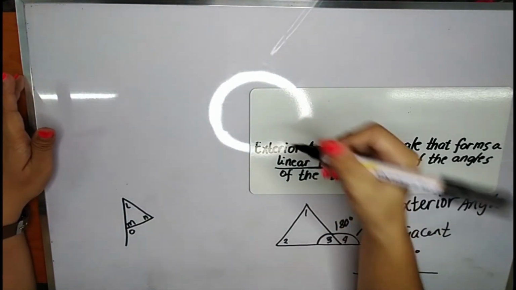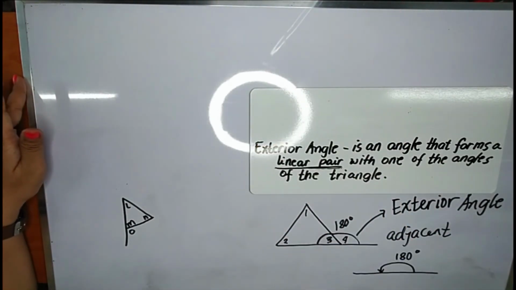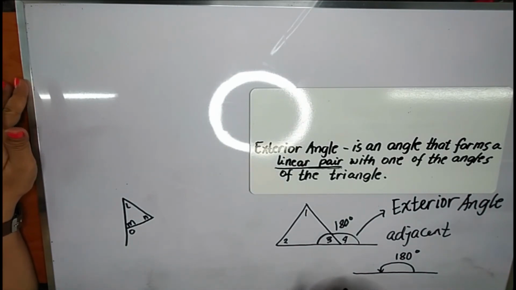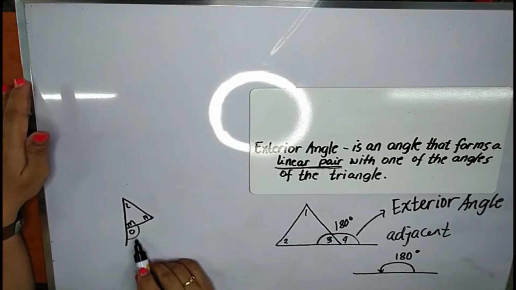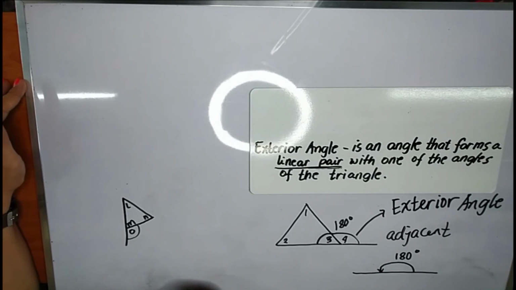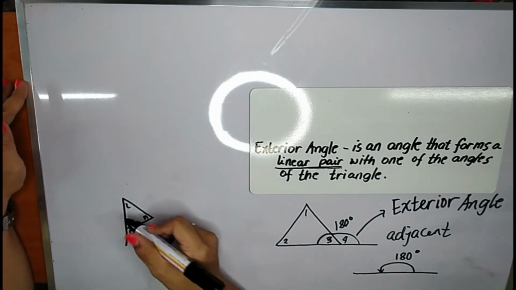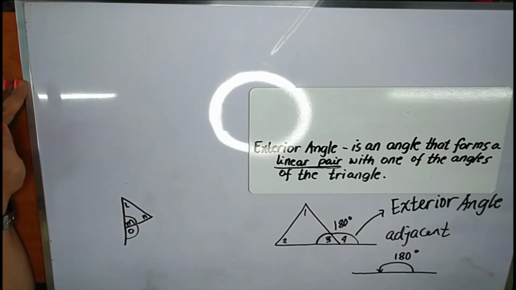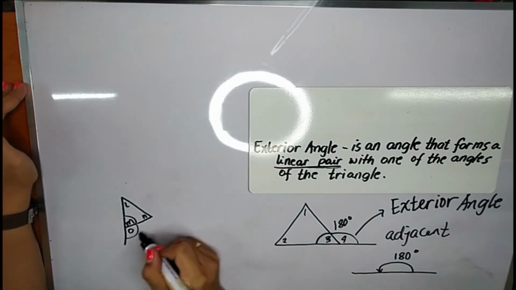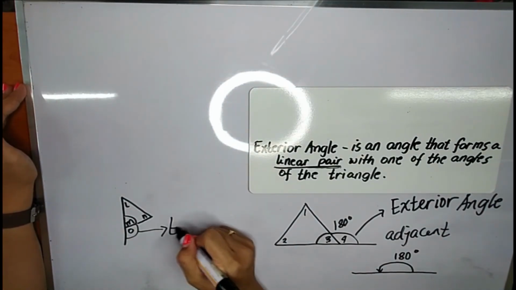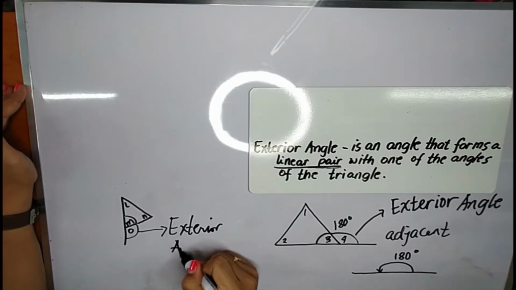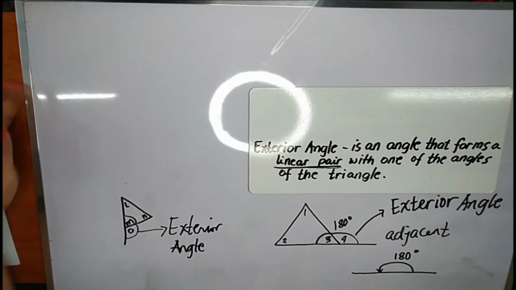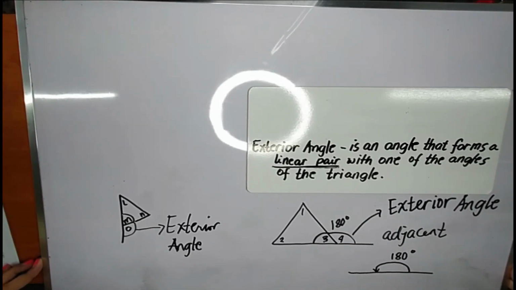And basically, when you say exterior, it is found outside. So, no other angle is found outside the triangle but only angle O. And as you can see, angle O forms a linear pair with angle M, which is found inside the triangle. So therefore, we say that angle O is what we call the exterior angle. Okay, so I think you get it now. What is an exterior angle?